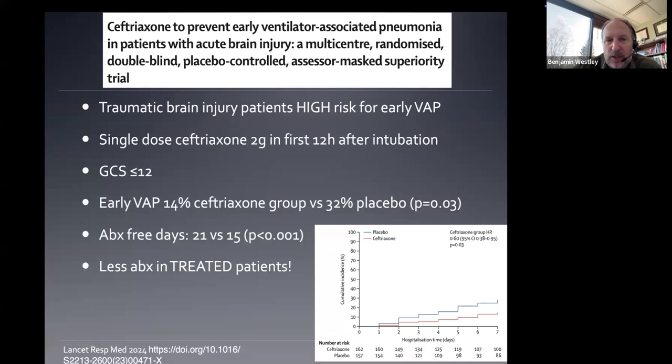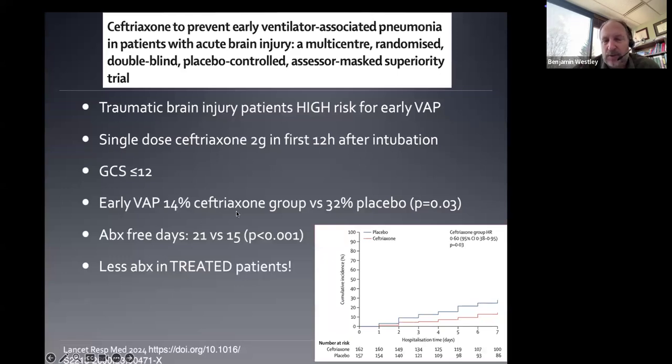Is this ready for prime time or not? There are a lot of disagreements about this. And most of the criticism is that these are massive ventilator pneumonia rates. None of the facilities that I work in, even in the neurosurgical head injury patients, have a ventilator associated pneumonia rate of 32%, which is quite excessive. 14% in the ceftriaxone group is still very high.